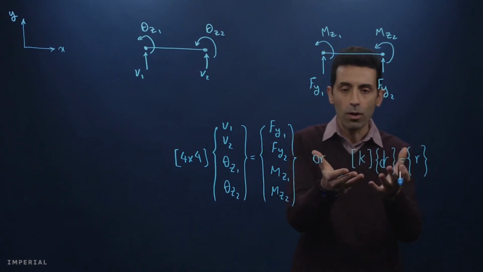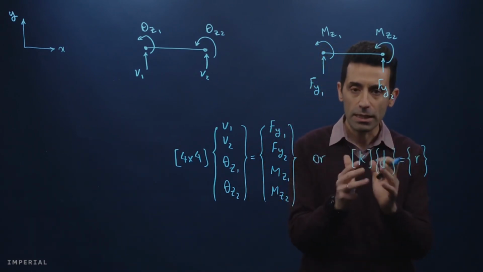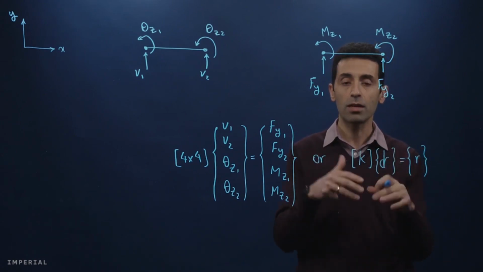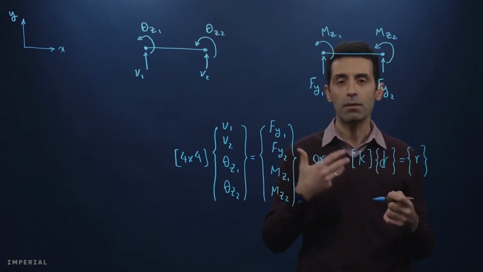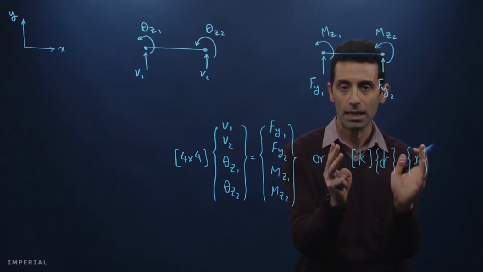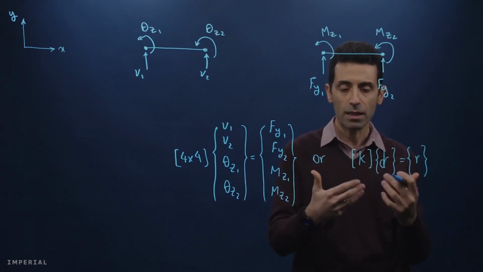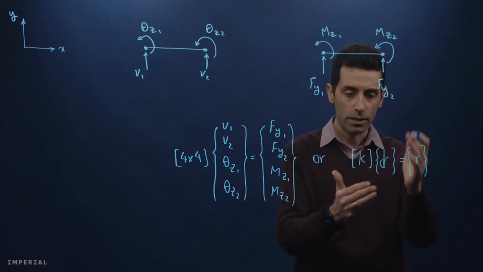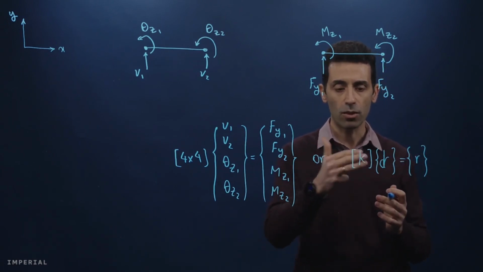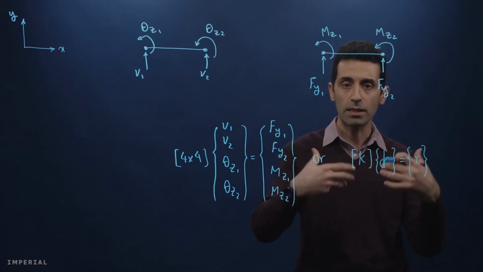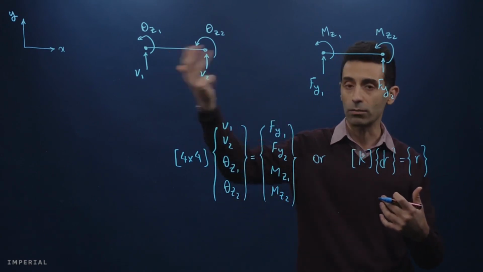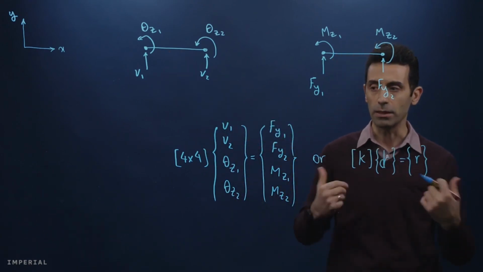So again, you see we arrive at the same equation. It looks exactly the same as what we have seen with truss. When we look at other types of elements like solid elements, again, you will see that this will repeat. The difference is what goes into these vectors and into this matrix. So the size and definition of them depends on the degrees of freedom that you have in your element.